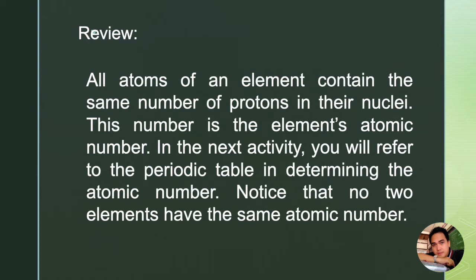This number is the element's atomic number. In the next activity, you will refer to the periodic table in determining the atomic number. Notice that no two elements have the same atomic number.